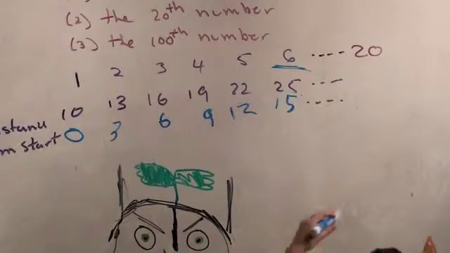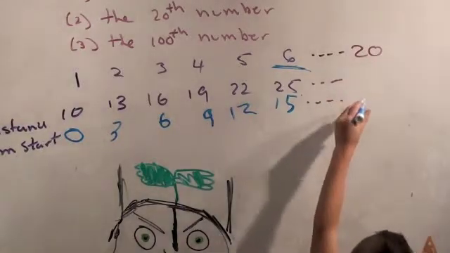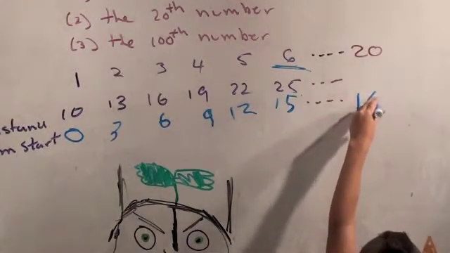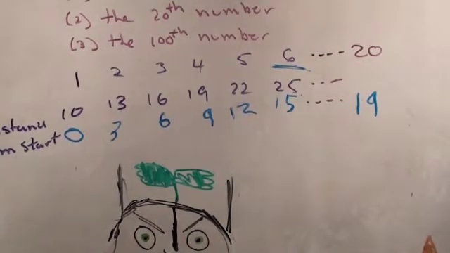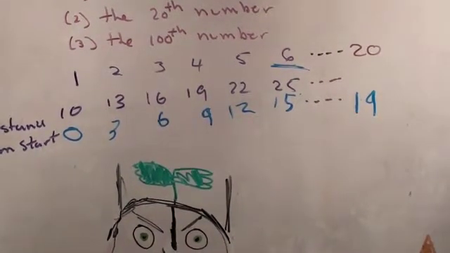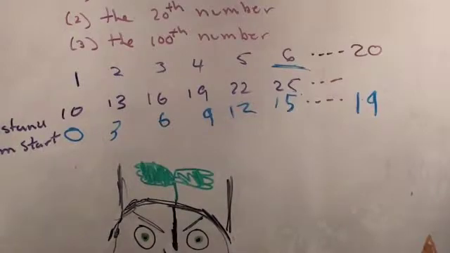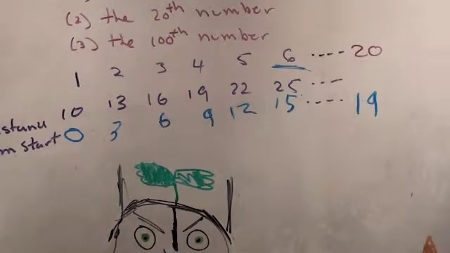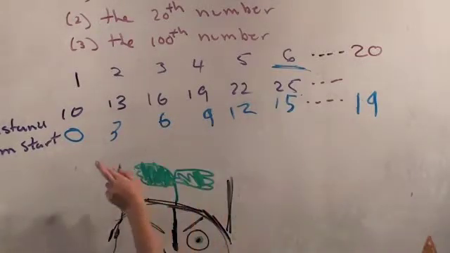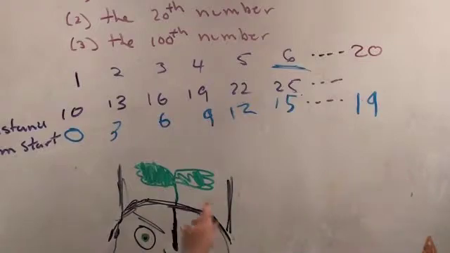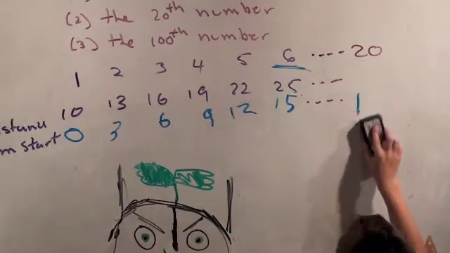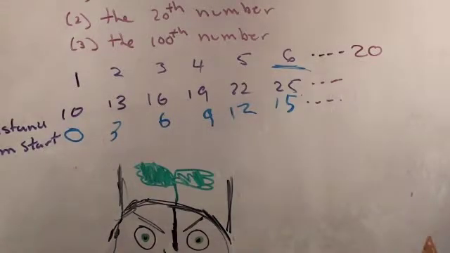Okay, so 19 threes. I'm going to write that here. You didn't write 19 threes, you wrote the number 19. What number do you have to write down there?